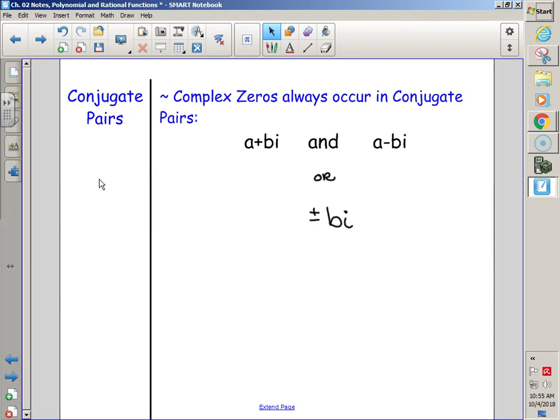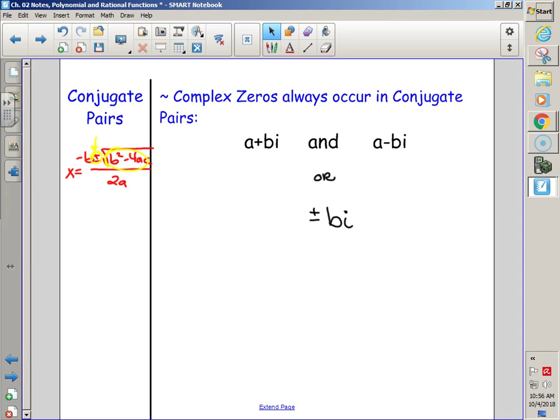But complex zeros are always going to come from basically quadratic formulas where the discriminant, ooh, that's a good word from last year, is negative. And if the discriminant is negative, what comes right before that in the quadratic formula? A plus or minus. There's always going to be two of them, not just one. If we have a complex zero, there's always going to be two of them.